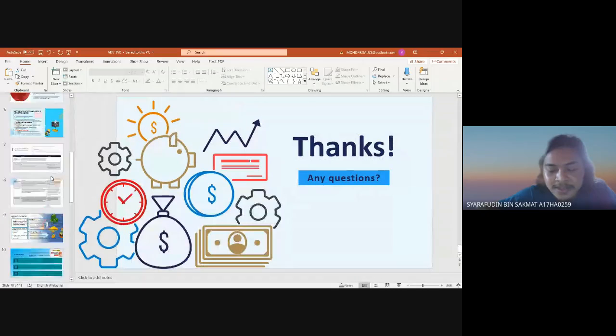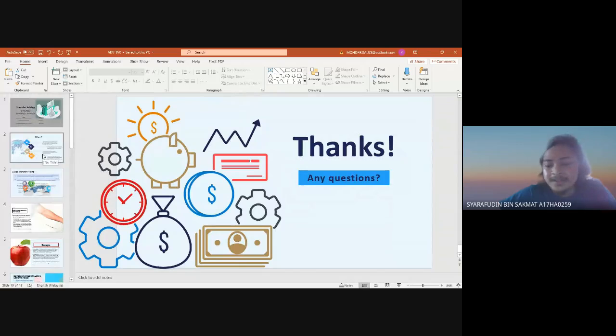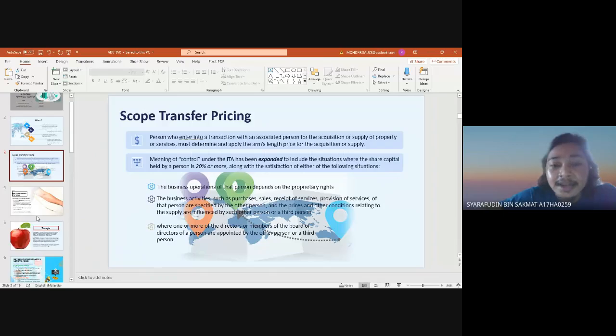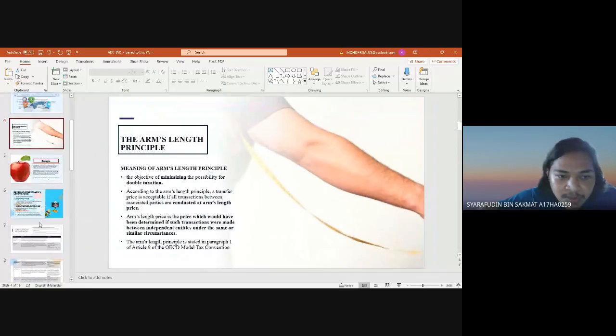First, I am going to answer the second question. To determine an uncontrolled or controlled transaction is whether the company has control over the other companies, such as a subsidiary, with 20% or more ownership and other related factors that define control.